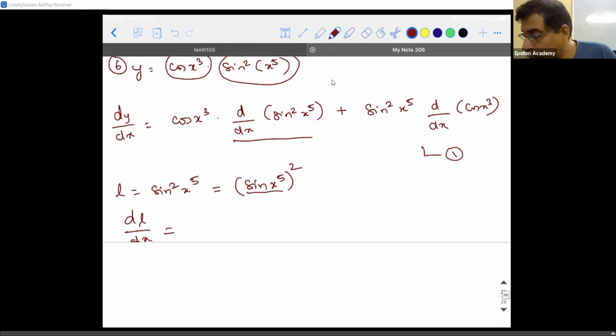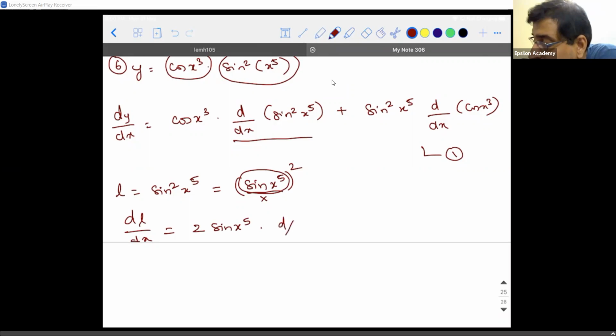You treat this whole thing like capital X. Instead of sine of x power 5, had you had capital X, then what is the derivative of capital X square? 2 into capital X. So you will write it as 2 into that function, sine of x power 5, into d by dx of sine of x power 5.